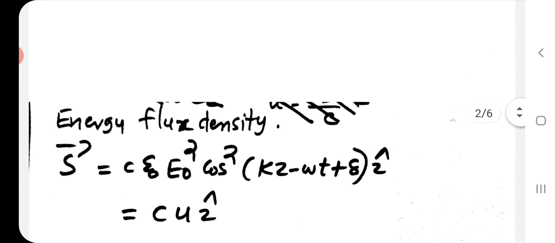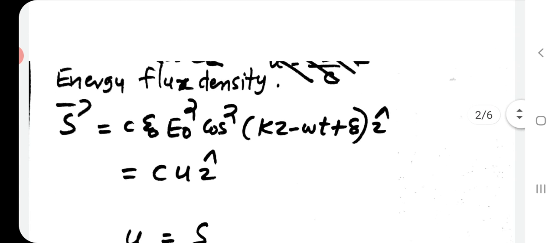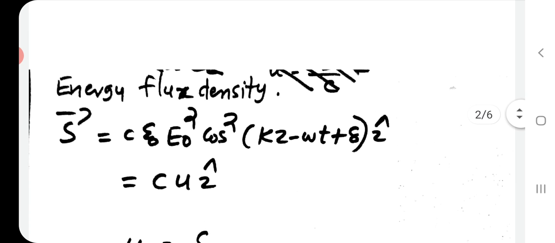So the energy flux density, or the Poynting vector, is the energy per unit area per unit time. S, the Poynting vector, is given by c epsilon 0 E0 square cos square (kz minus omega t plus delta) times unit vector z, if the electromagnetic wave is traveling in the z direction.